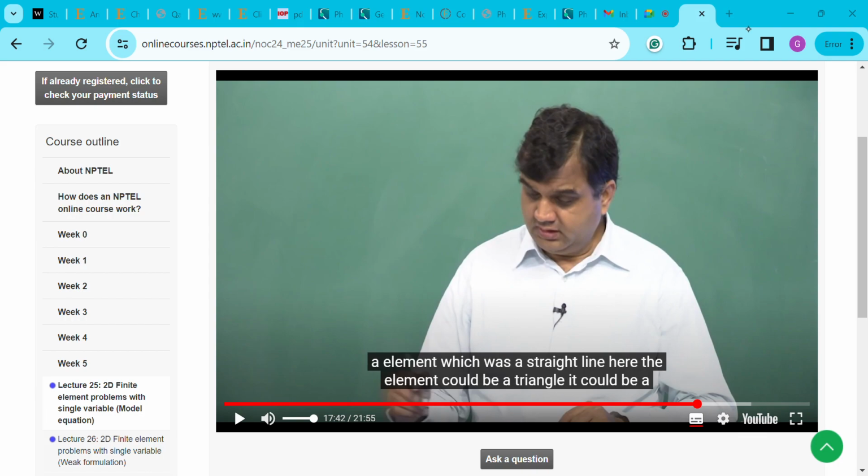One is W, and the other part. This first part is about the Dirichlet, primary boundary condition, and this one is the secondary boundary condition.